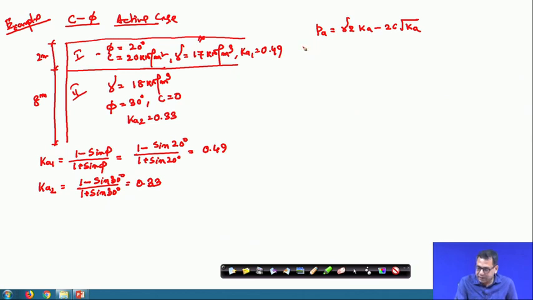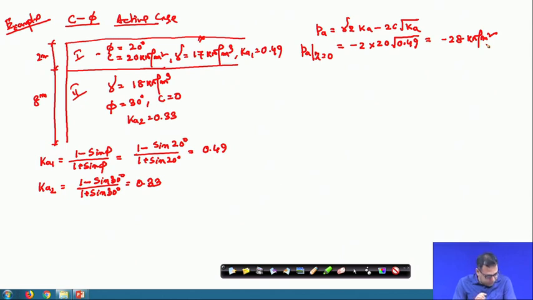So, first layer, the PA at Z equal to 0. So, that will be 0 minus 2 C, C value is 20, and root 0.49. Okay. So, that value is minus 28 kilonewton per meter square.